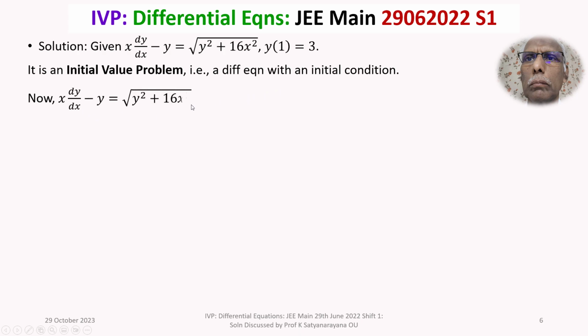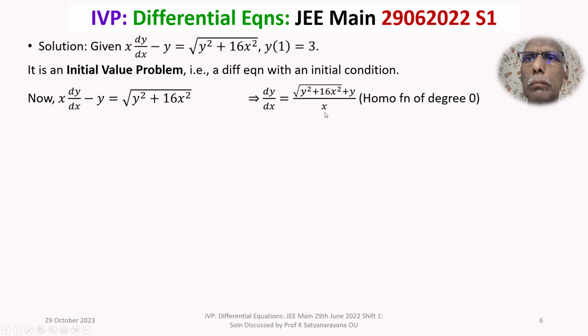Now take the differential equation and send minus y to the right hand side, that will be plus y. Then divide by x. Then we get dy by dx is equal to under the square root of y square plus 16x square plus y by x. Now this is a rational function. The numerator is a function of x and y, and it is a homogeneous function of degree 1.